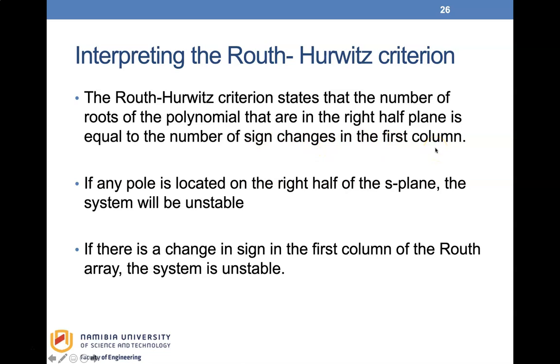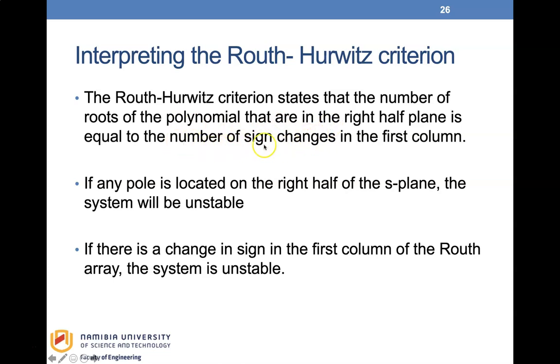So you know that our interest is to find out whether there are any poles to the right-hand side of the plane, because once there is any pole to the right-hand side of the imaginary axis, then the system is unstable. And so the Routh criterion is to help us to determine that. And the Routh criterion says that this is equal to the number of sign changes.